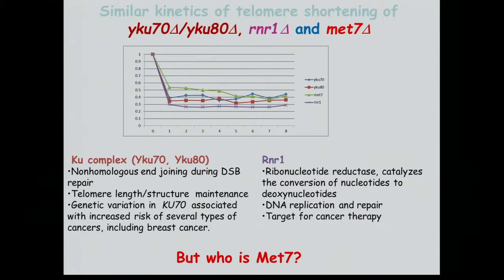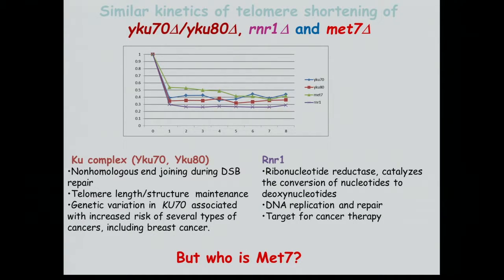And when we looked at who were the genes in this category, we got the Ku couple, RNR1 and MET7. We know that the Ku couple is a complex that is very important for promoting DNA repair in broken chromosomes and preventing DNA repair in telomeres. And we got RNR1 and MET7, and MET7 was a gene that nobody knew what it was doing.